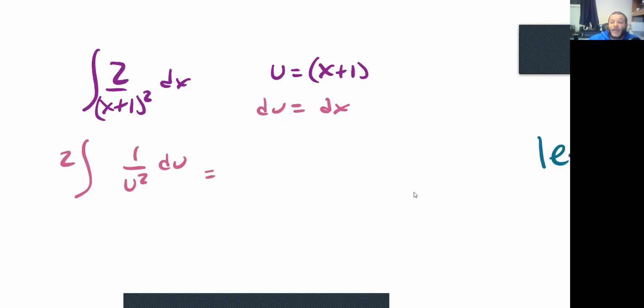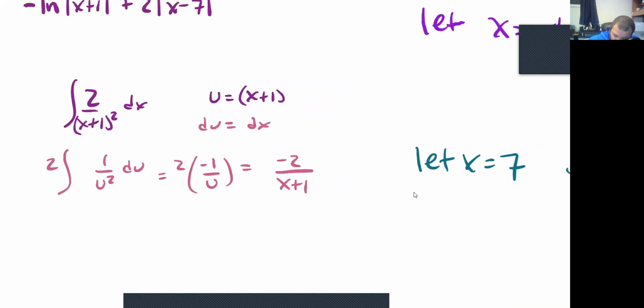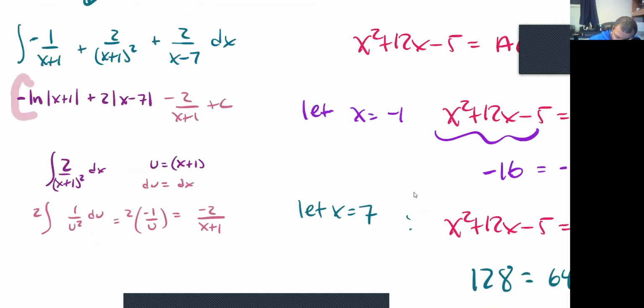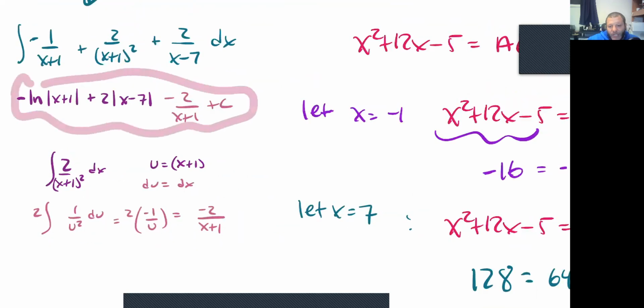The antiderivative of 1 over u squared is going to be negative 1 over u, times 2. So we're going to get negative 2 over x plus 1, plus the constant, and this is our antiderivative.